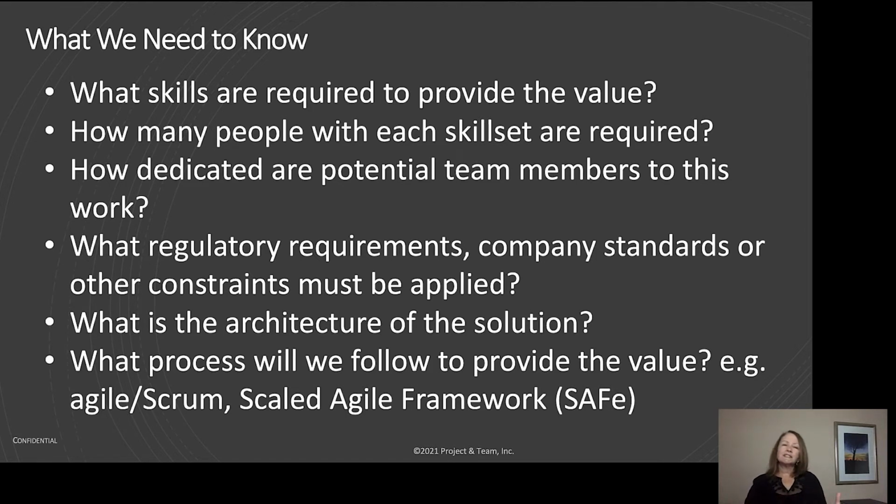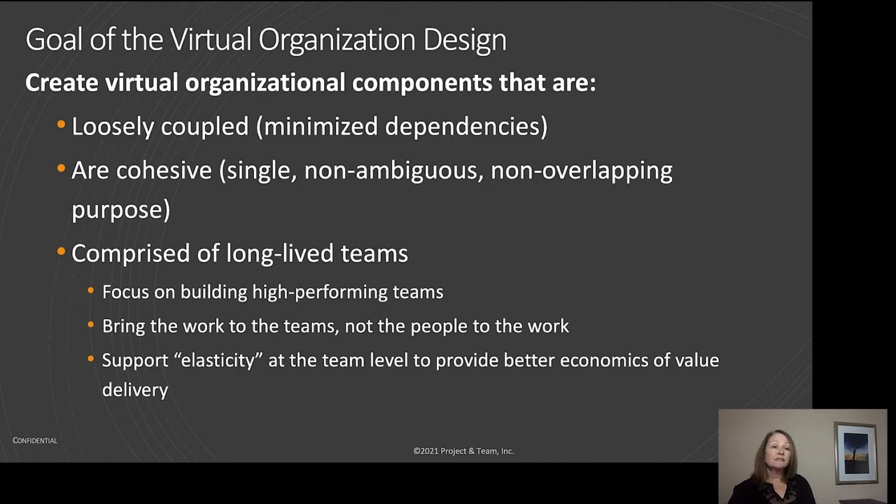And we also need to care about the process that we're using to support this delivery of value. Why is that? Because different processes will have different kinds of roles and different ways that the work is enacted to provide the value. So let's look at that for our example.